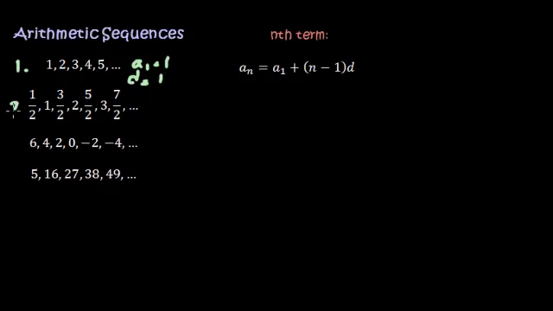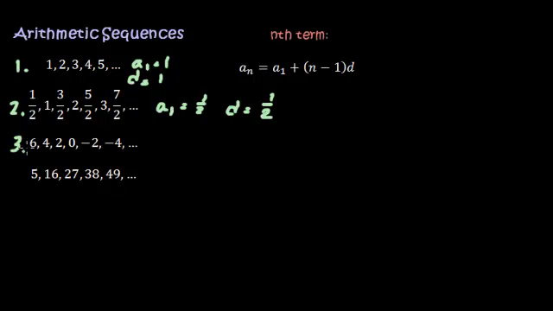For sequence number 2, our a sub 1 is 1/2, and our difference to go from one term to the next is also 1/2. Now that's just purely coincidence. The a1 and d are not always the same, as you will see in the next sequence.